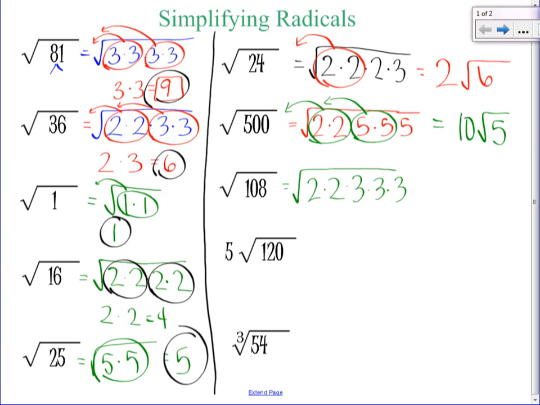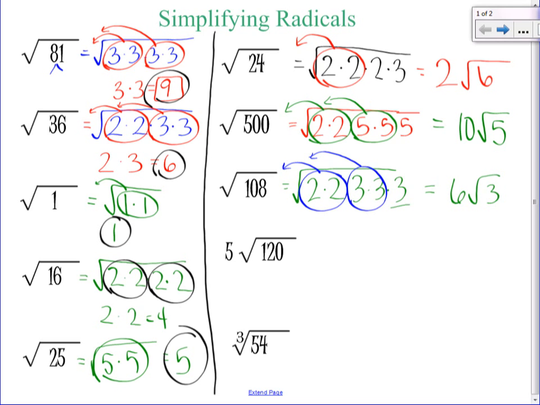Okay, so we look for groups of 2. And we have what? Take out the 2, take out the 3, we multiply them to get 6. We still have this 3 left over underneath the root.